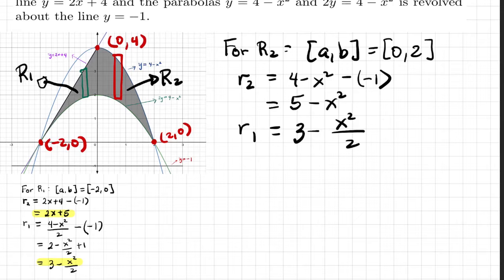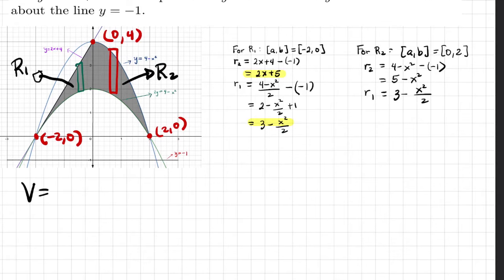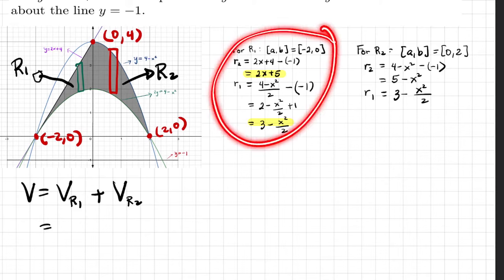So we can now set up the definite integral or sum of the definite integrals that will give the volume of the solid. Okay? So the volume now is equal to the volume of R1 plus volume of R2. So for the first one, ito yung gagamitin natin.